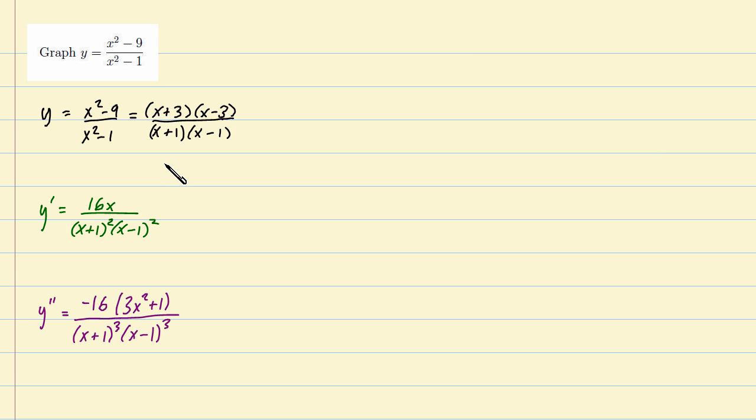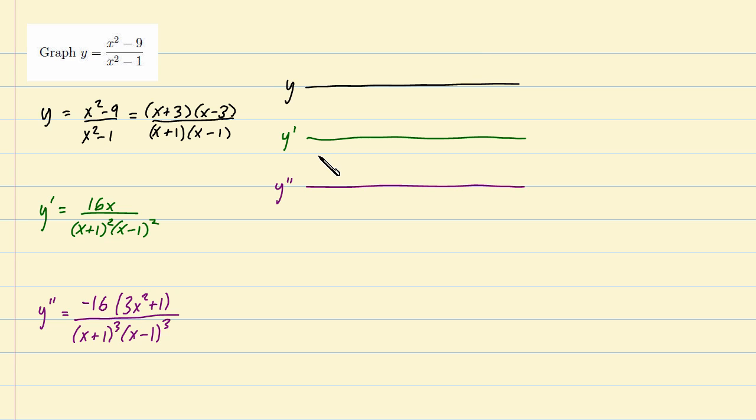Right now, for each one of these, y, y prime, and y double prime, let's draw a line like so. This is really just to organize our thoughts here. Let's consider where each one of these expressions is 0 or undefined, and then ultimately where each one of these expressions is either positive or negative.